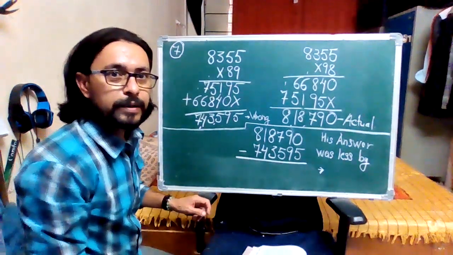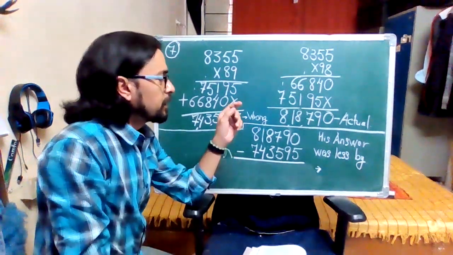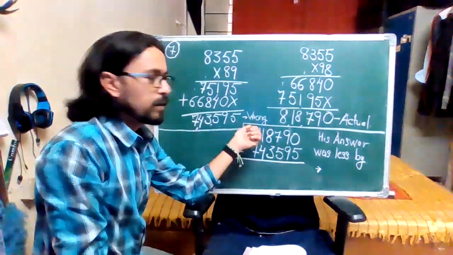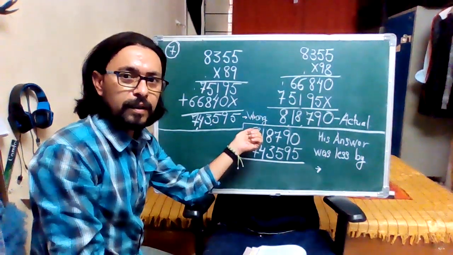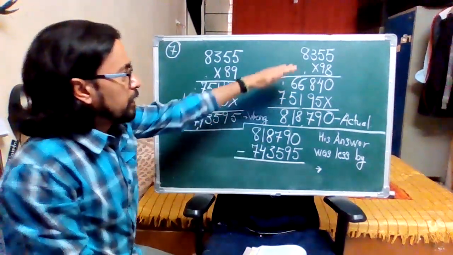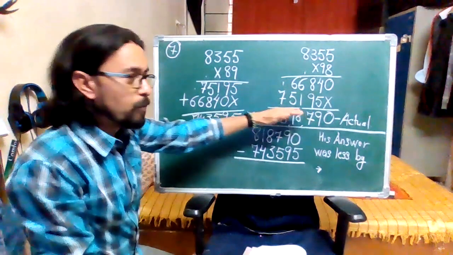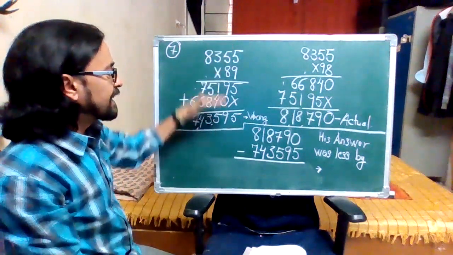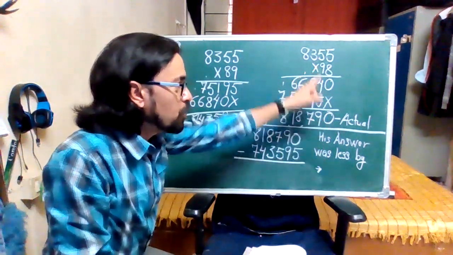Because remember, one is actual and one is wrong. He was to multiply by 98, but he multiplied by 89. So that should have been the actual answer. He was to multiply by 9.